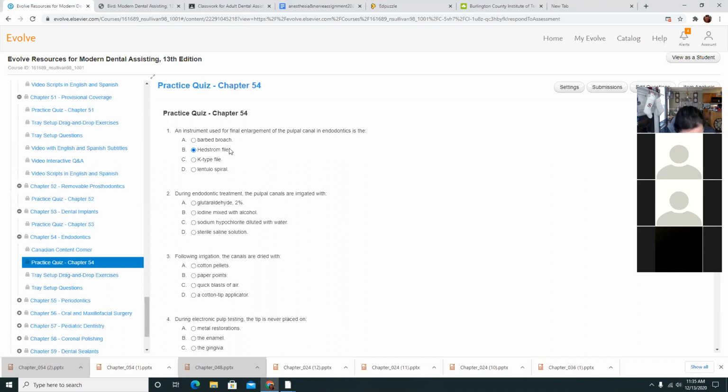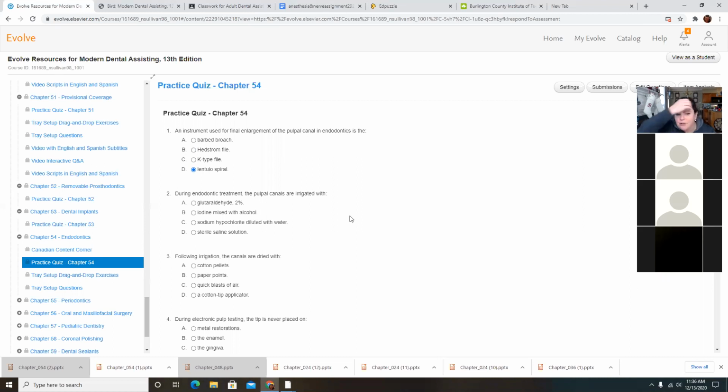Broaches. Well, broaches are typically used to remove the final tissue. I believe it doesn't say in here, but I believe this Lentulo spiral is rotary operated, and I believe that does the final widening of the pulpal canal. So let's see what it says at the end. It's not in the book, but I believe it is.